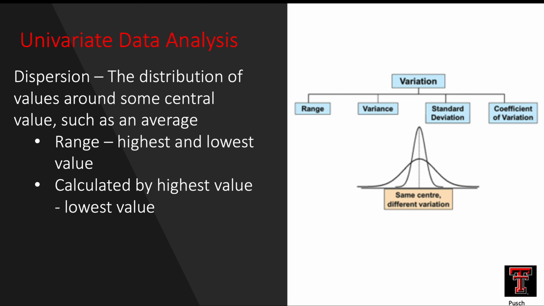So you would calculate it by taking your highest value and subtracting the lowest value. So if your range of income is 0 to 200,000, well then your range is 200,000, right? But if your income is 50,000 to 100,000, well then your range is only going to be 50,000. So it clusters more closely around that median.